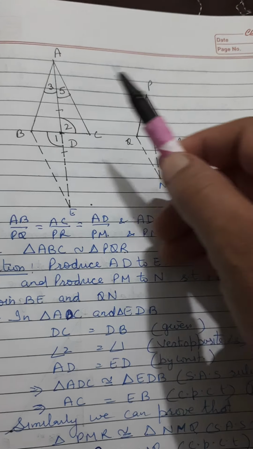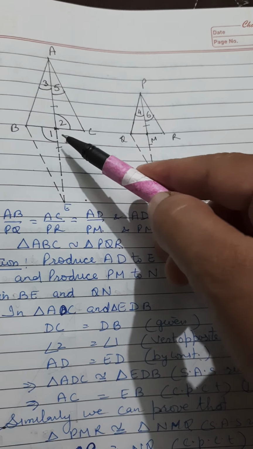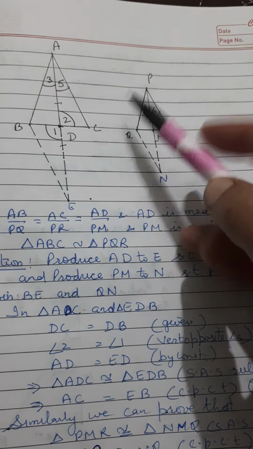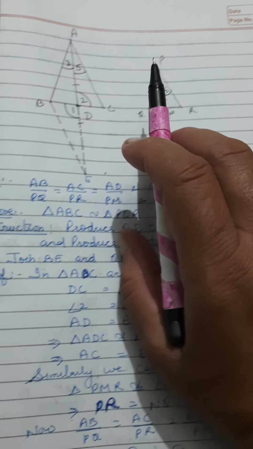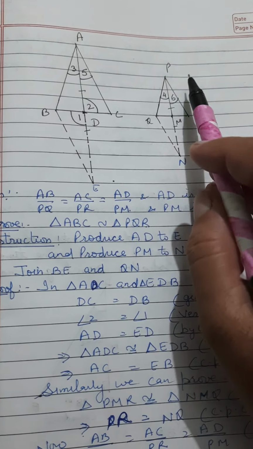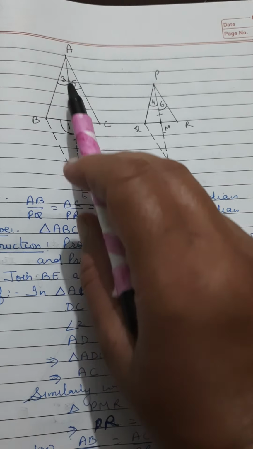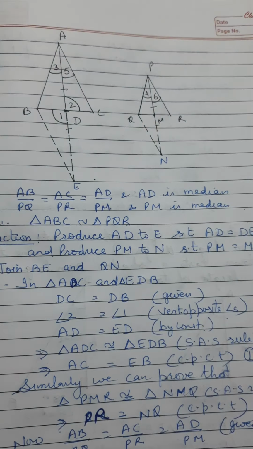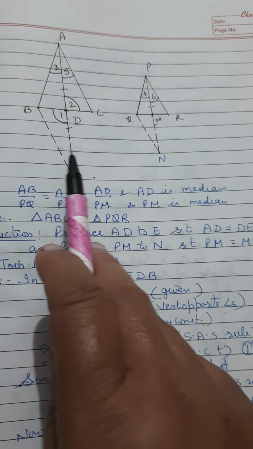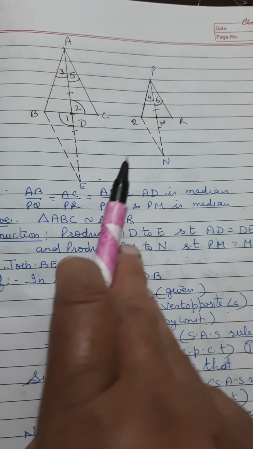What do we get here? The given is AB upon PQ is equal to AC upon PR is equal to AD upon PM. Now we have to prove triangle ABC is similar to triangle PQR.